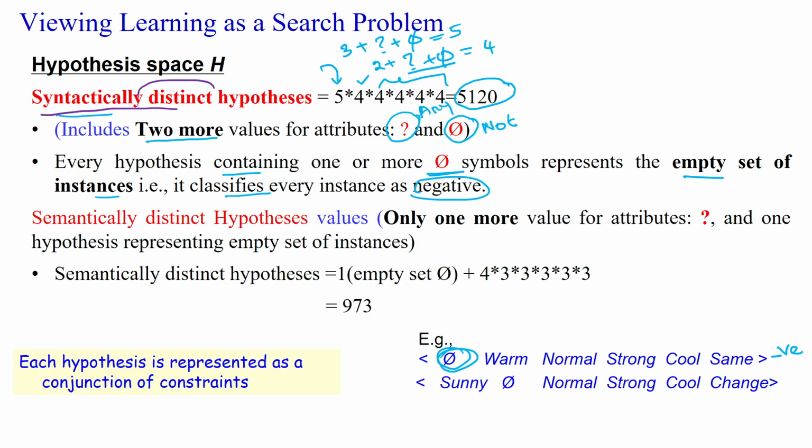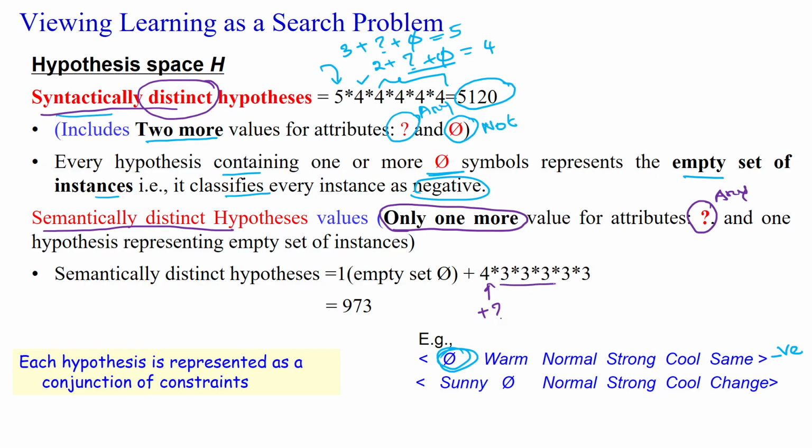You look at that, all the hypotheses are syntactically distinct. Then the next one is the semantically distinct hypothesis. Here we will add only one more value, that is the question symbol, which means it will accept any value. So this question symbol will be added with all the attribute values. Sky already has three attribute values, sunny, cloudy, and rainy, plus the question symbol, so four values.